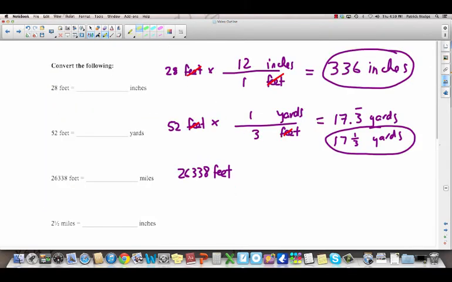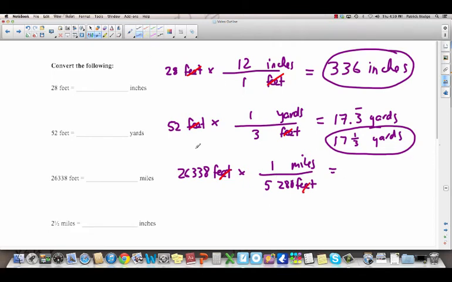Okay, first of all, let's set it up. Feet on the bottom. We want to switch feet to miles. And we just said that 1 mile was 5,280 feet. Cross out the feet.